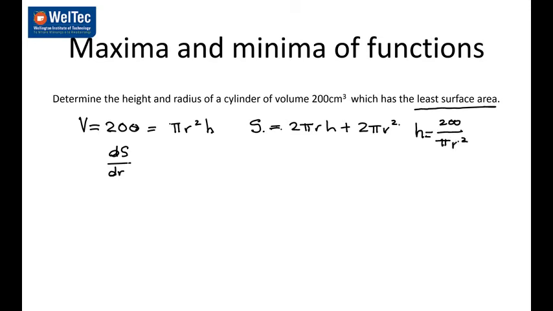Then we can substitute that into our surface area function, and we get a derivative, and now that's going to equal 0 for our max or min.